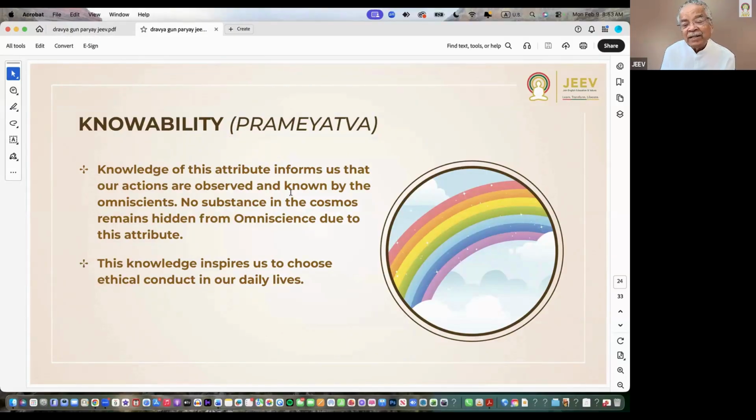So there is a sentence coming in one of the pujas, Gyeya Jnana Gyata. Gyeya means object of knowledge, means the soul substance. Jnana means the knowability in a knowledge mode, a knowledge attribute.